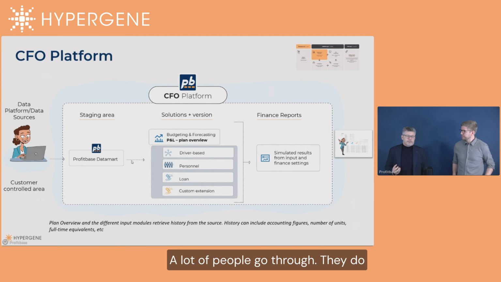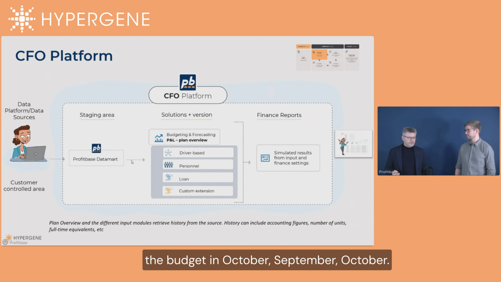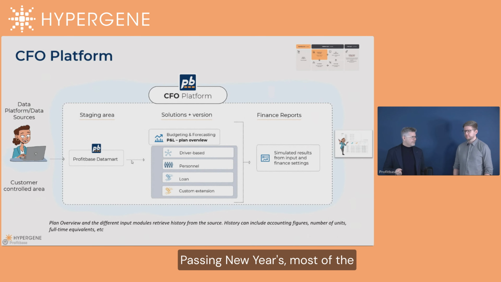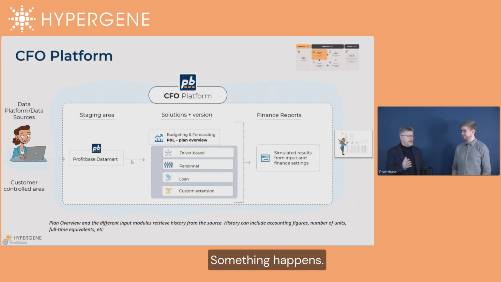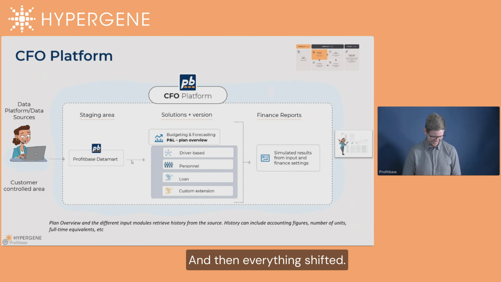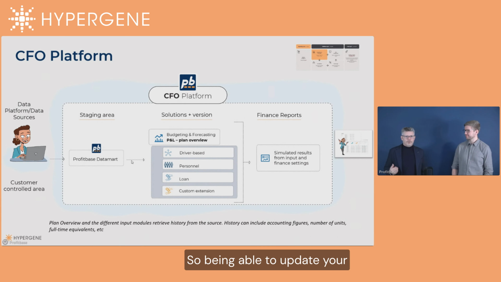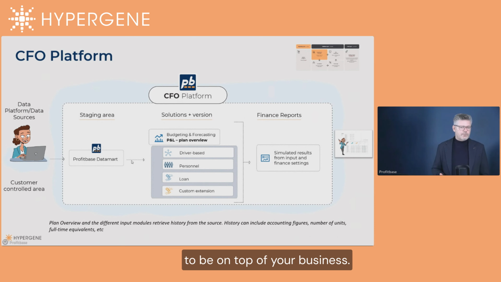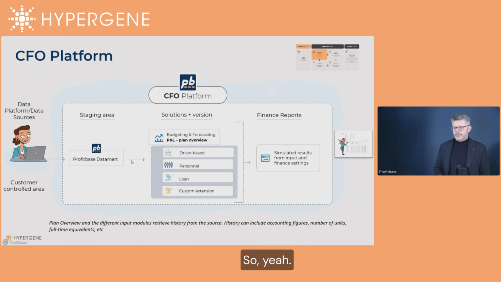A lot of people do the budget in September, October, passing New Year. Most of the time it's outdated. Something happened. Donald Trump put some tariffs on something, and then everything shifted. So being able to update your forecast on a regular basis, I think it's part of being agile and being able to be on top of your business in essence. Absolutely. Yeah.